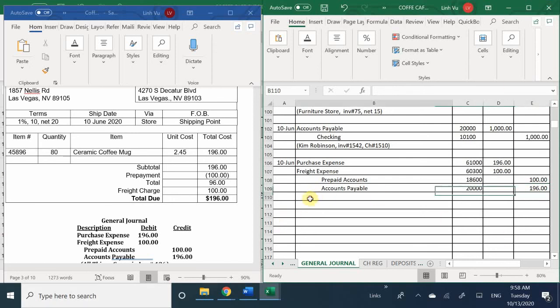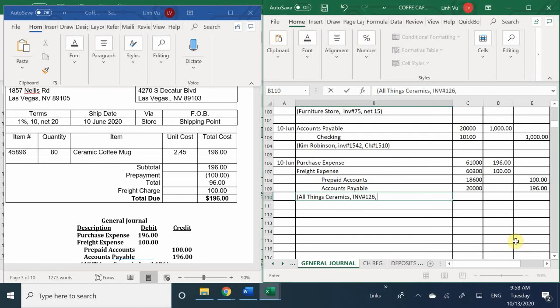Before we go ahead and do anything, I'm going to finish off my journal here. I'm going to say, well, this was from All Things Ceramics. My invoice number was number 126.